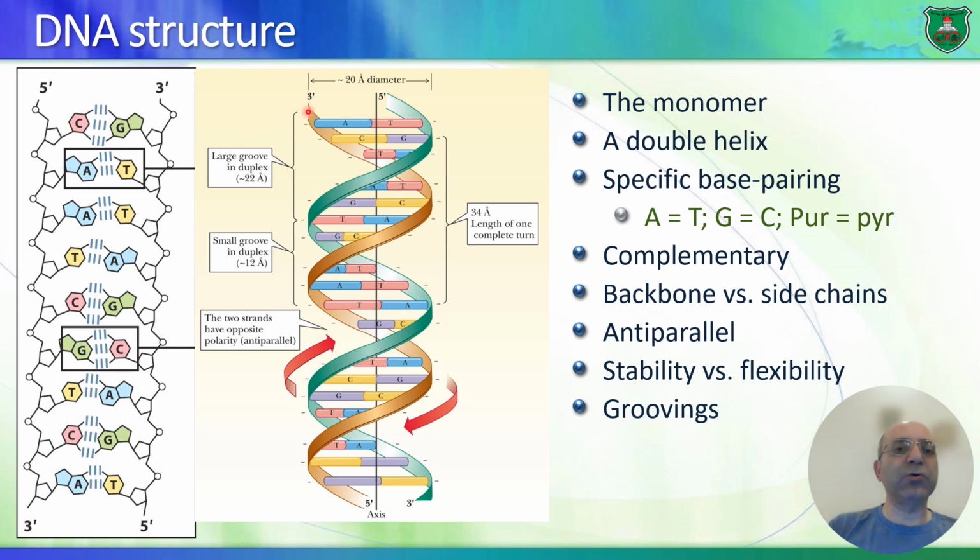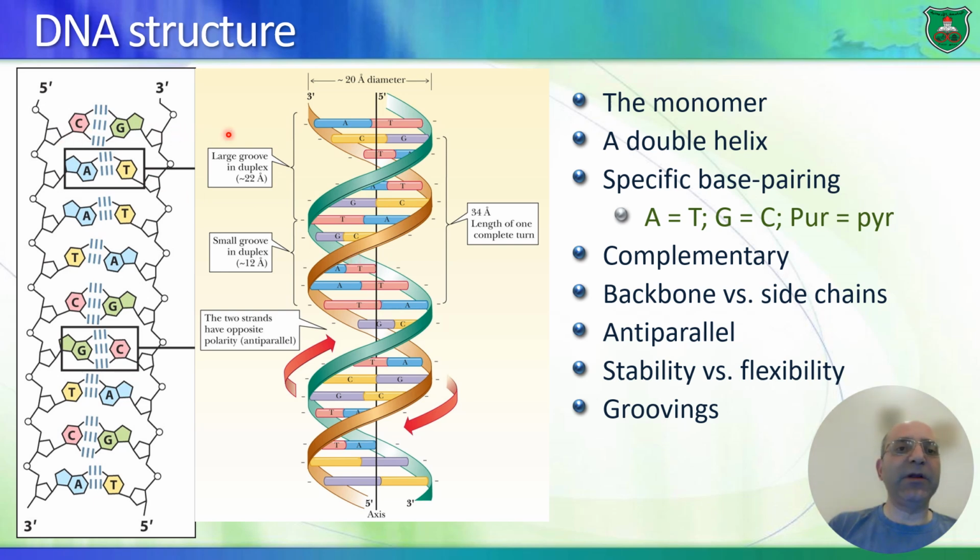So you have two strands, and each strand is made of these monomers, these subunits, that are linked to each other by a phosphodiester bond. Each strand is a sequence of nucleotides.